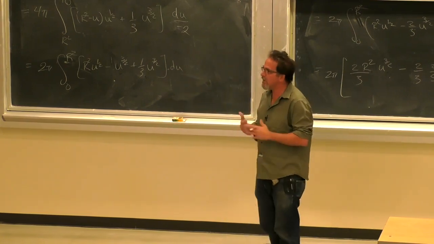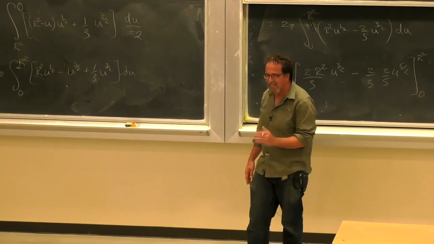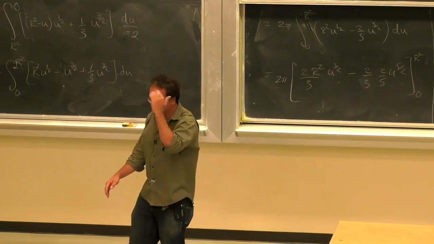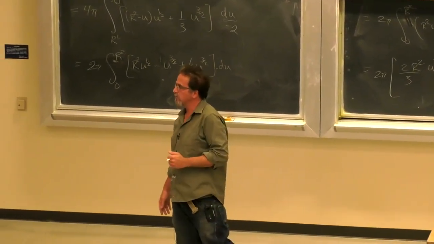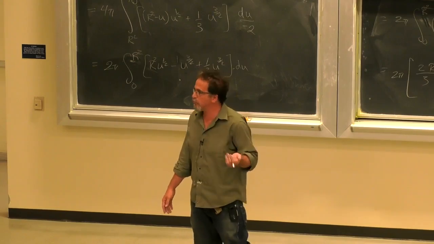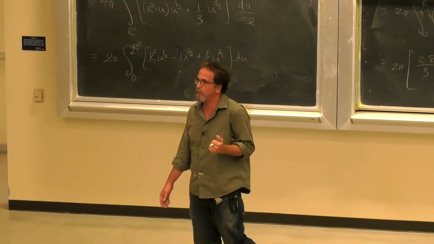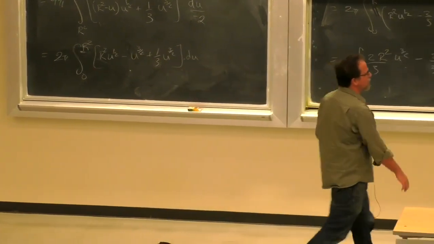It's because we're using a distance. We're averaging d squared, so we have to get an r squared. If we were averaging d, it would be something proportional to r. So this is proportional to r squared.